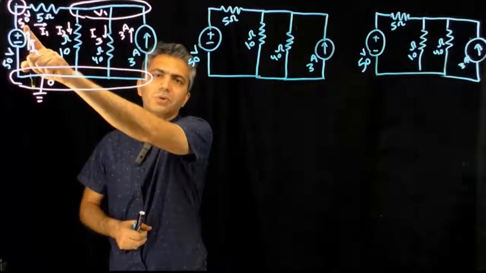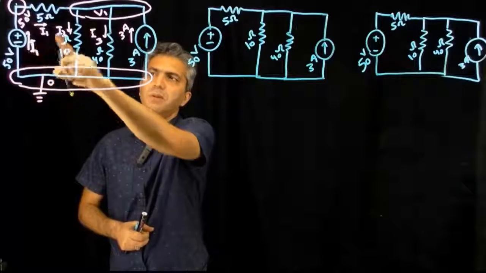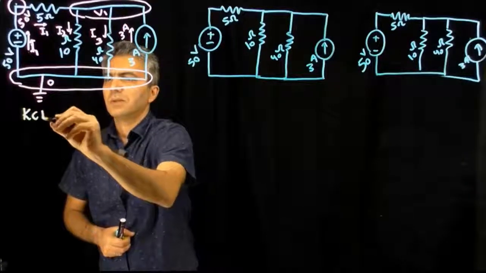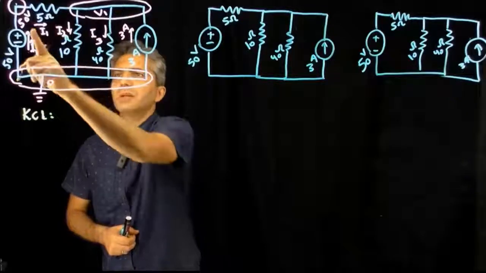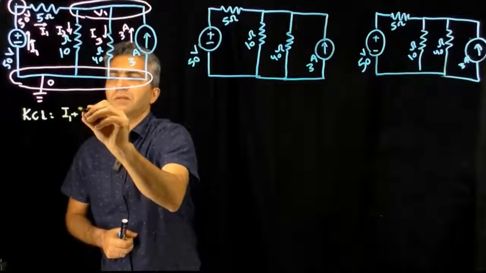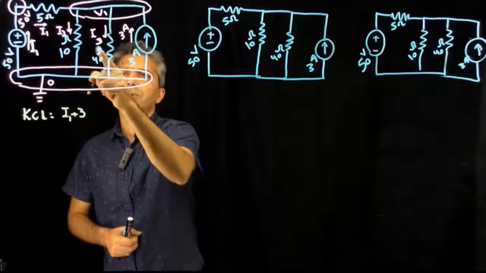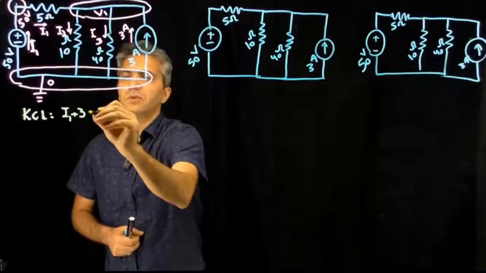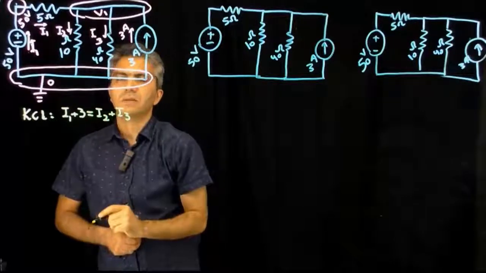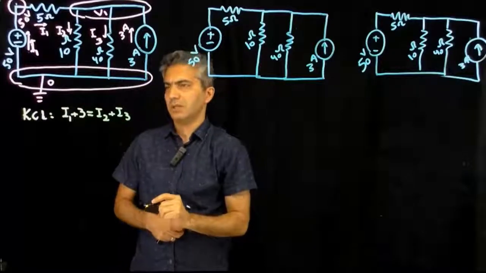That one we already wrote the KCL at the time that we were labeling it. So the only KCL left is this one. KCL for that node would be the currents going in are I1 and 3 amps. So I1 plus 3 is equal to the currents that are leaving the node, which are I2 and I3, and that's the only KCL that we need to write.